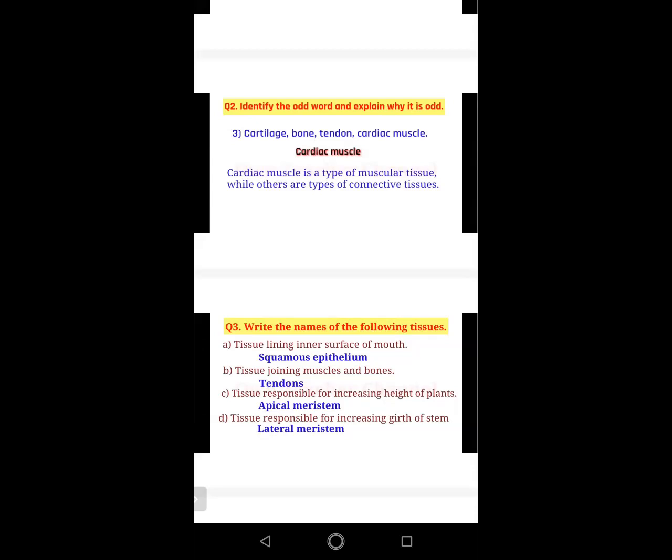Pronounce it properly and try to learn this spelling, students. We are finding many students struggle in science because all these words are very new to you and you have not learned them in earlier classes. So please learn these words, because many students write the answers clearly and correctly, but the spellings are wrong. If the spelling is wrong, we can't give you 1 out of 1 mark; half a mark will be cut.